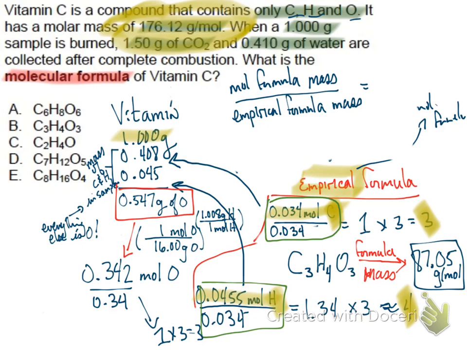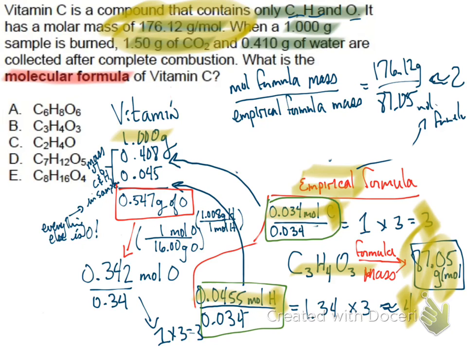So we have 176.12 grams, and for our formula mass, it's given to us right there. And then we take our empirical mass and we plug it in there, and that was 87.05. When we do that, we find out that we have an answer that's about 2. What that means is that our empirical formula, what we found down here, is 2 times too small. The actual molar mass is twice as big.